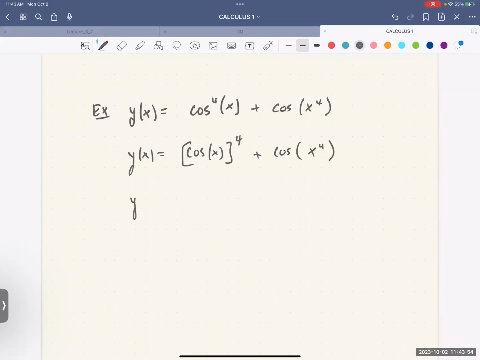So when we differentiate the cosine x, all of that raised to the 4, we use the power rule. Bring down the 4, subtract 1 from the exponent, repeat the inner function, times the derivative of the inner function.